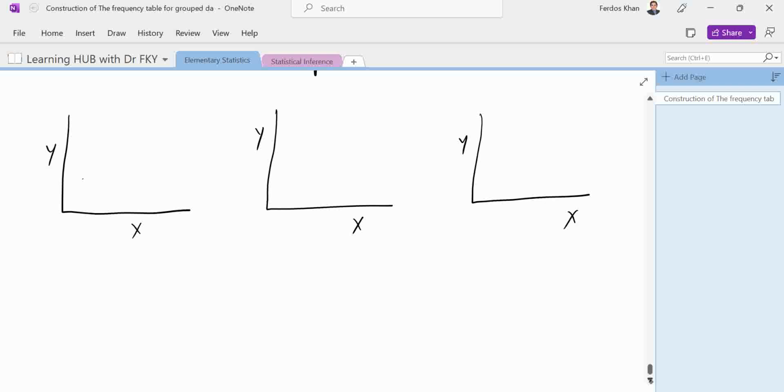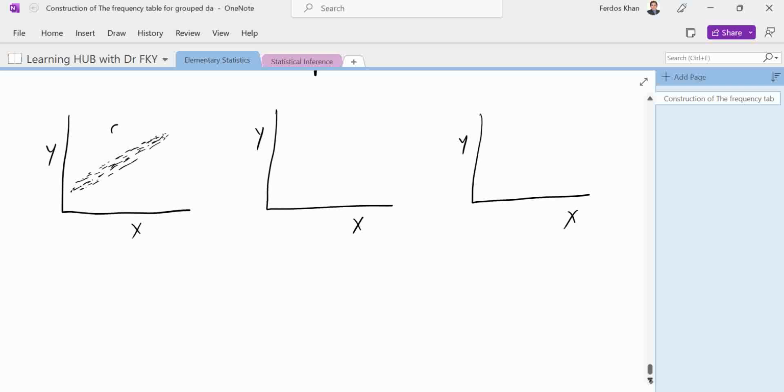If the data looks like this, what is meant by this? I'm explaining the extent to which the two variables move together. This means that both variables move in the same direction, both increasing.